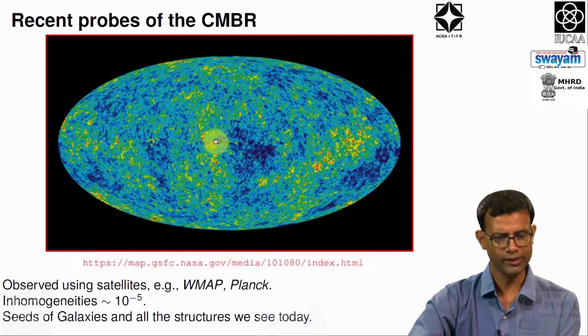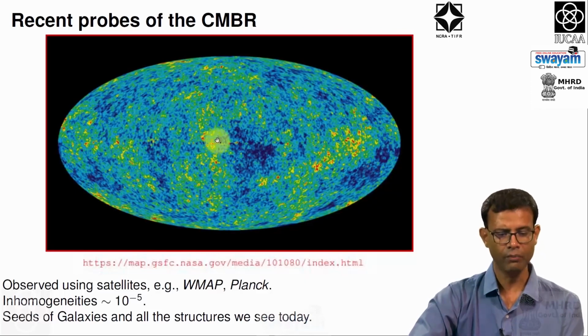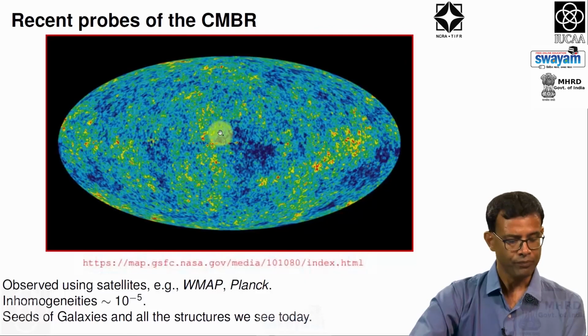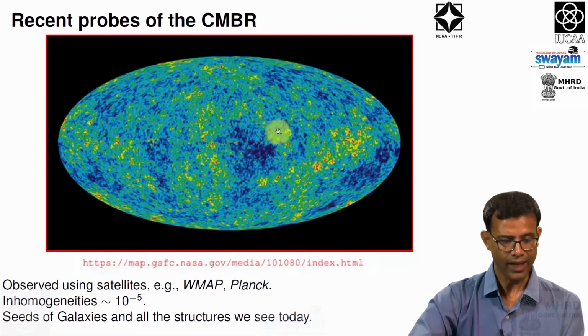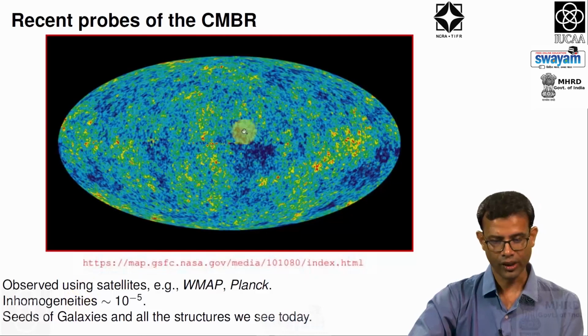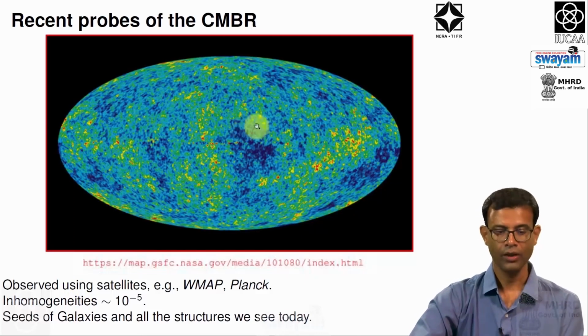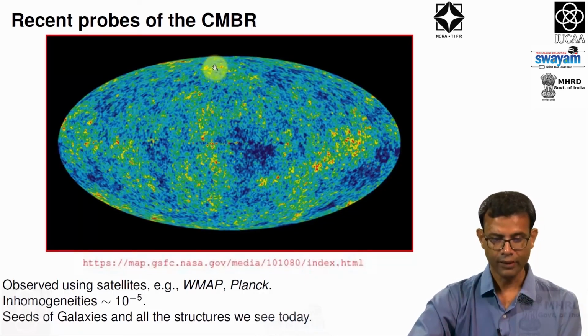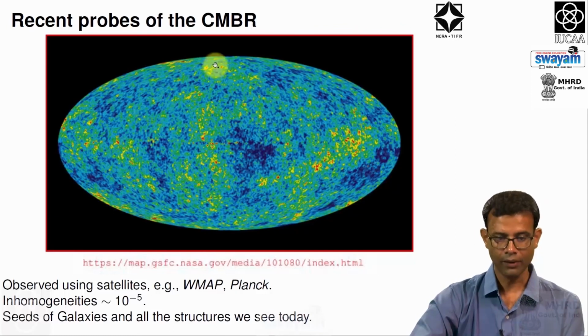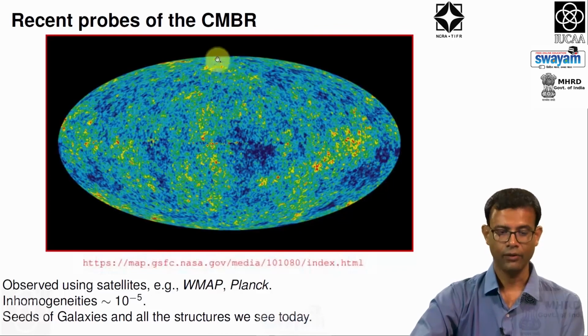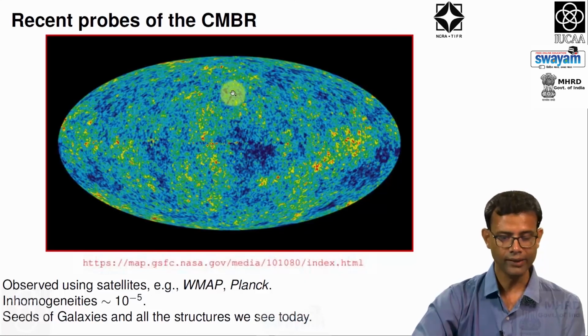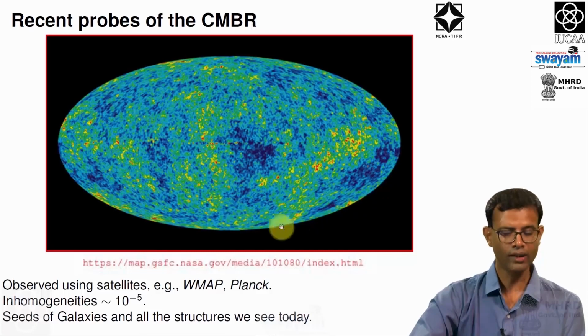These inhomogeneities are extremely important because they actually act as seeds of all the structures we see around us today. Small inhomogeneities at early times during the CMBR would have grown and ended up forming galaxies and clusters of galaxies, large scale structures, and all the structures we see around us today.